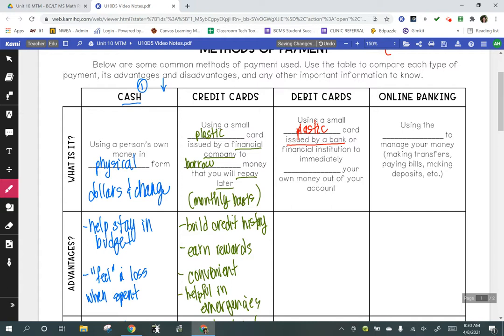It says financial institution too, but it's typically issued by a bank, and you can only spend what you have in your own account, and it's withdrawn immediately, unlike a credit card where you're charged and then at the end of the month you pay it. This one is taken out of your savings account or checking account, immediately transferred out of that account.